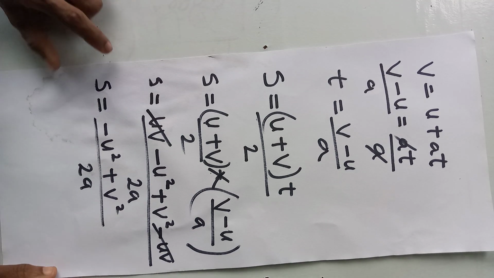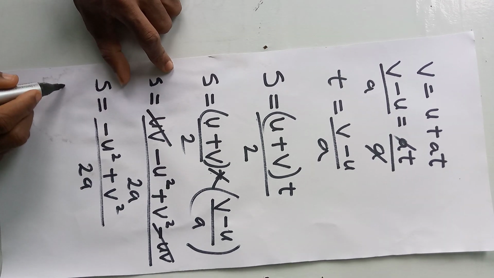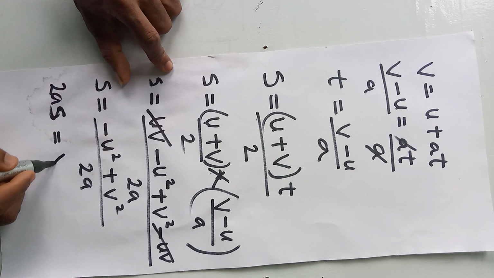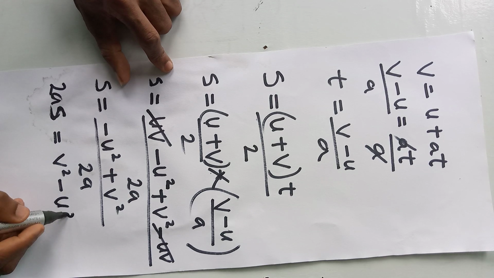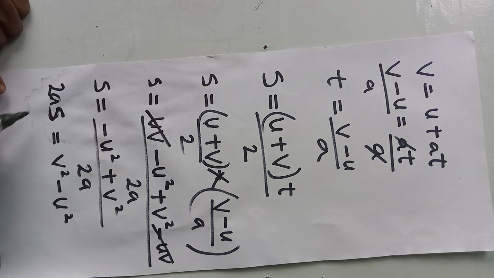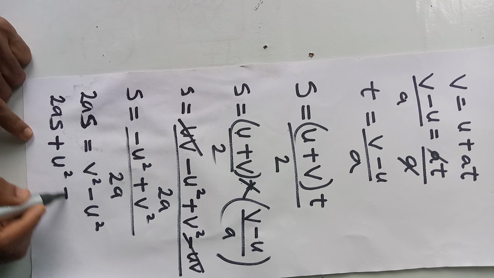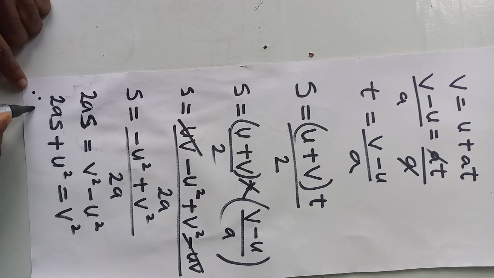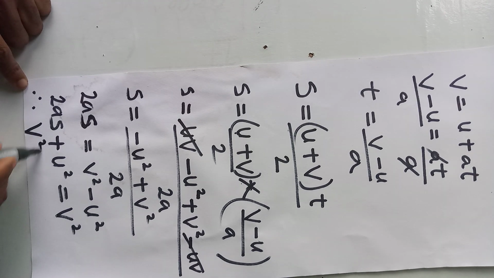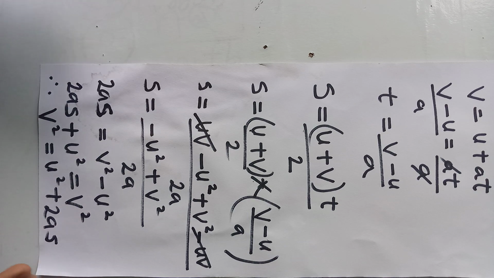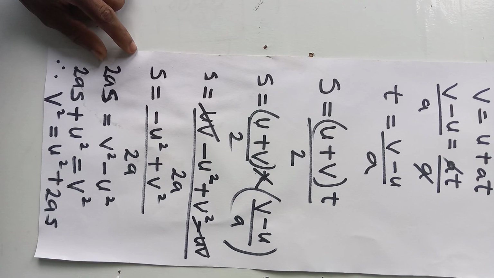So let's make V squared subject of formula. Let's multiply. Here we have 2AS is equal to V squared minus U squared. So let's take this way. So we have therefore 2AS plus U squared is equal to V squared. So finally we can say that V squared is equal to U squared plus 2AS. So this is the fourth equation of motion.